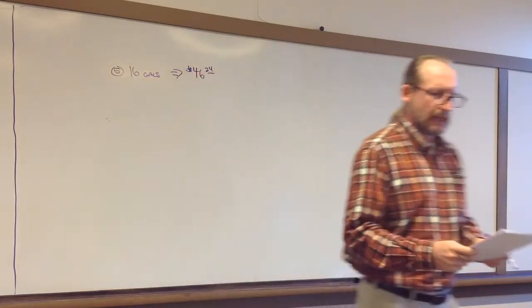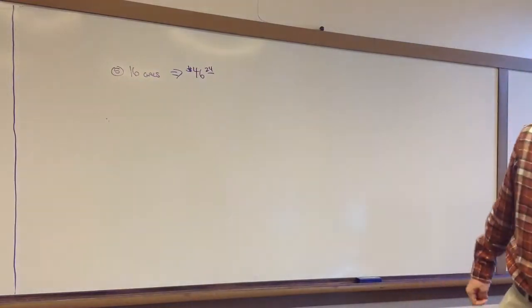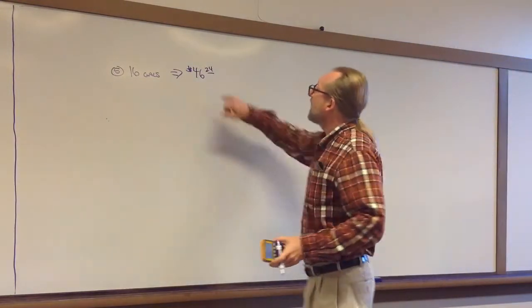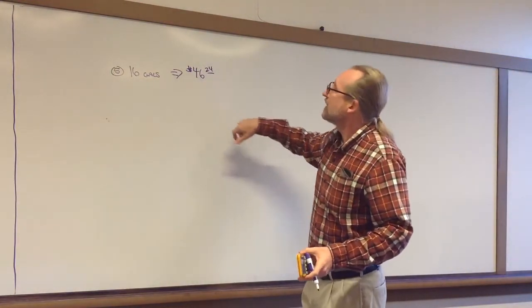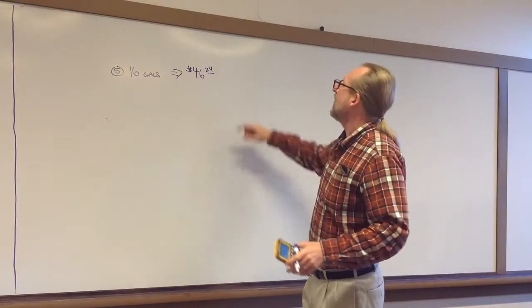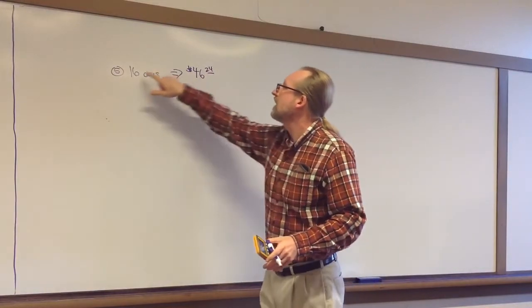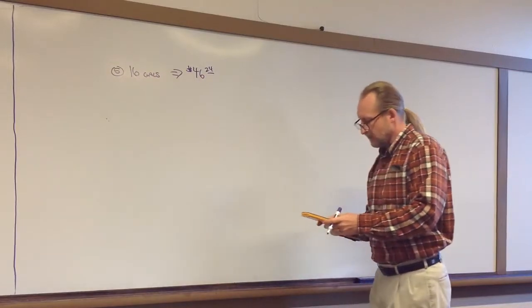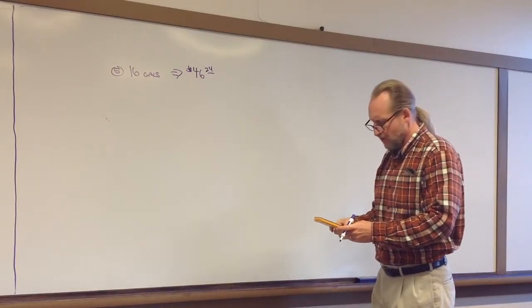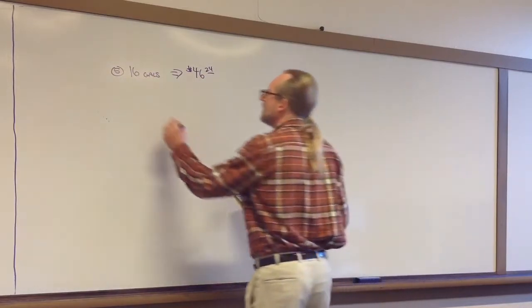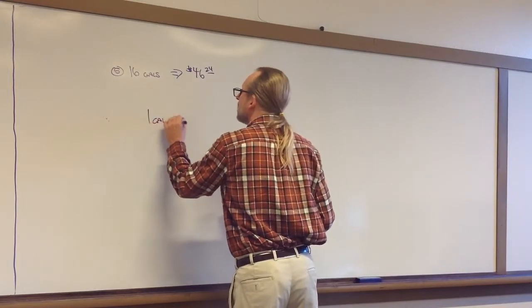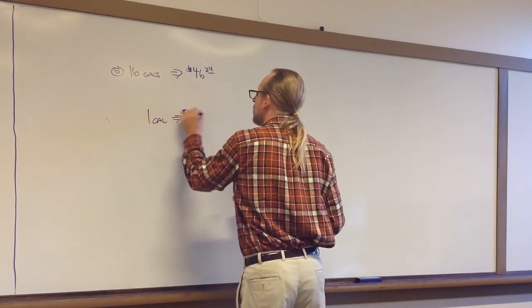How much does 1 gallon of gas cost? Then we need to, the cost per gallon, that word per means divided by, so we want to take the cost and divide it by the number of gallons. 46.24 divided by 16. So 1 gallon is $2.89.